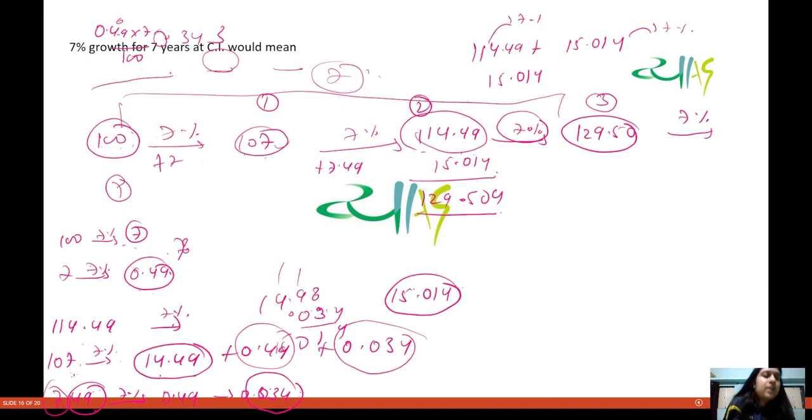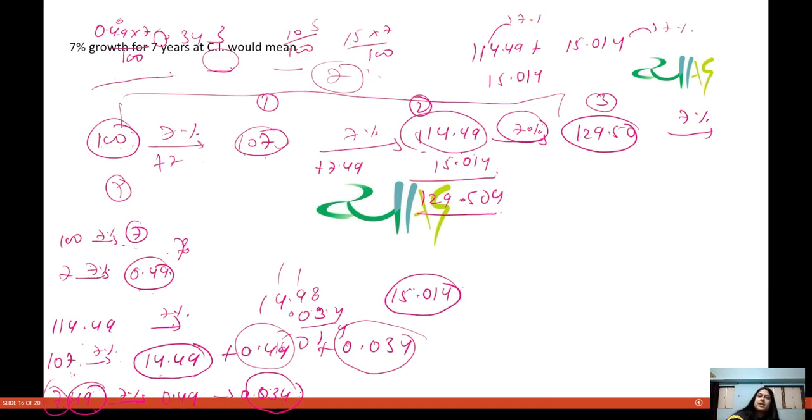How will we calculate? One thing we could have done here is calculate 7% of 14.49, but no problem. We can calculate 7% of 15 as well. That is not a very big thing. We can do this approximation. So 7 fives are 35, 105 divided by 100, so you will have 1.05.